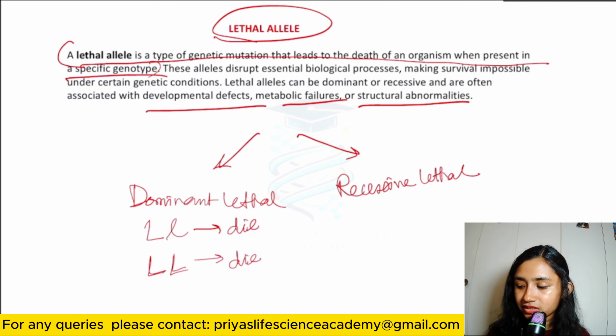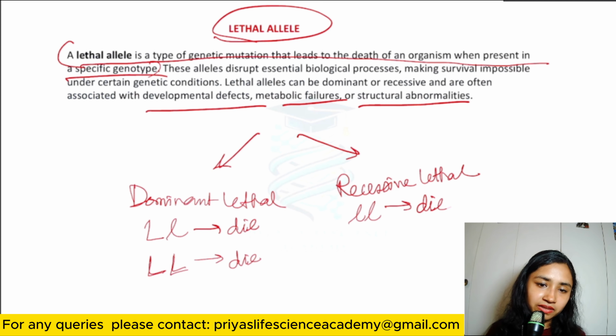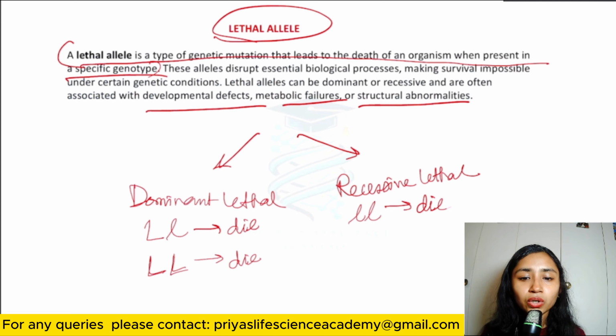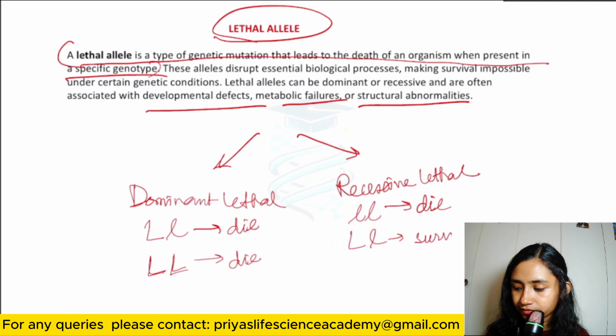And in case of recessive lethal allele, small l small l will die, because in order for recessiveness to be expressed, you need two doses of the recessive small l, but if capital L small l, they will survive. Okay, only small l small l will die.